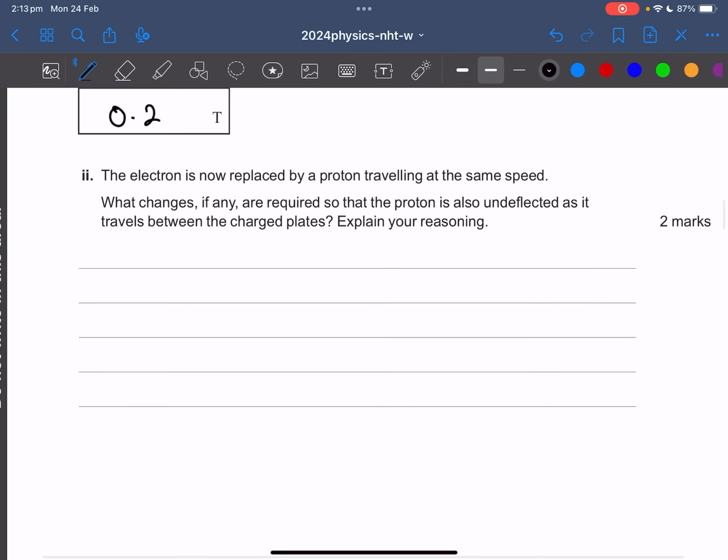So let us write our answer down. No changes are required.